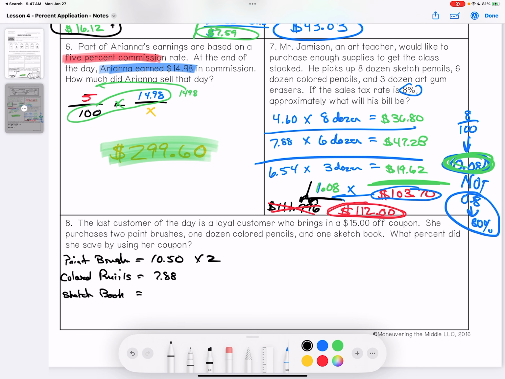And the sketchbook is $16.12. All right, so let's add all those up. $10.50 twice because she got 2 of those. So $10.50 plus $10.50 plus 7.88 plus 16.12. When you add all of those up, it's $45.